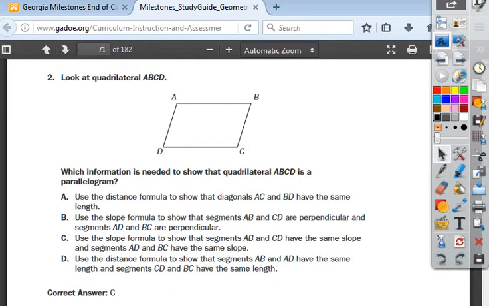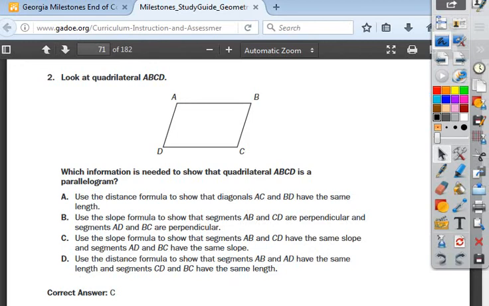How do I know if it's a parallelogram? Which of these things would work? This first one says AC and BD are the same, those are the diagonals. If the diagonals are the same, does that make it a parallelogram? No, that makes it a rectangle. Go through each one. And then B, slope formula so that AB and CD are perpendicular.